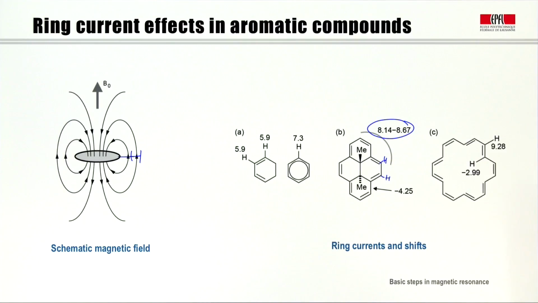But the basic thing is that because the protons are on the inside of the ring where the current is circulating, they have a negative value of the chemical shift, delta, which means that they are on the right-hand side compared to TMS, whereas the other ones here are just like in benzene. They are de-shielded, and therefore on the left of the spectrum. You notice that one goes from 7.3 to 8.5 or so to 9.28, so this becomes more and more pronounced.